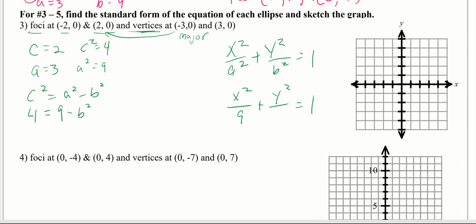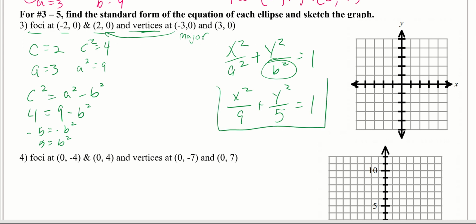As I solve this out, negative 5 is equal to negative B squared, and so 5 is equal to B squared. It's very tempting to take the square root there, but I don't actually need the square root, because I'm trying to set it up, and I'm looking for B squared. I want that as part of my equation, so I can stop right there and call this 5.